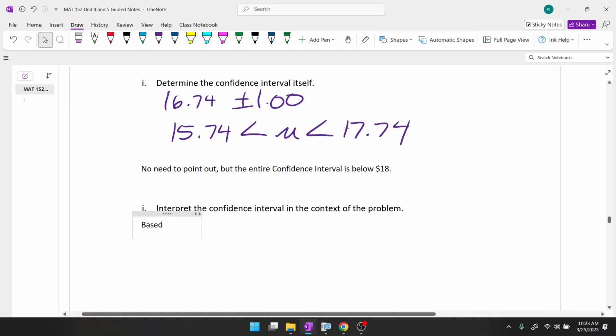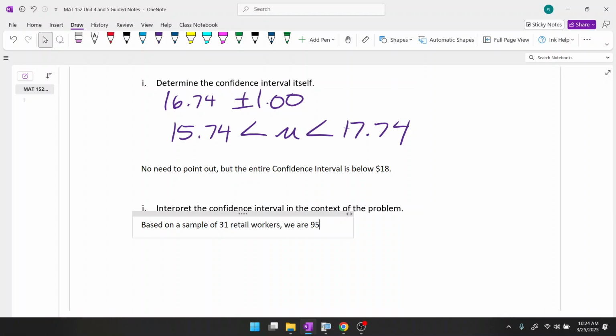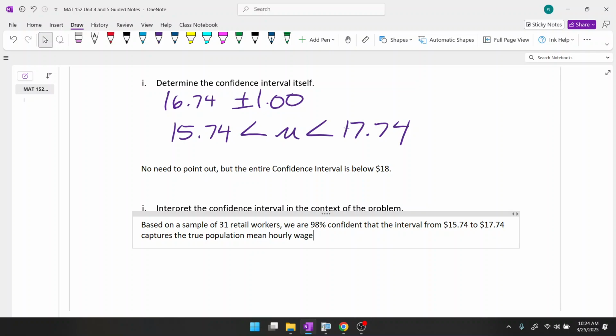So based on a sample of 31 retail workers, we are 98% confident that the interval from $15.74 to $17.74 captures the true population mean hourly wage of retail workers.